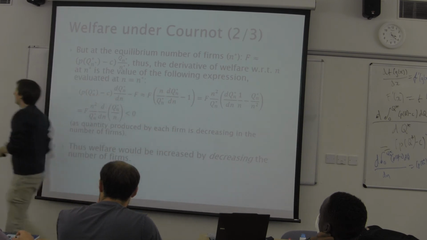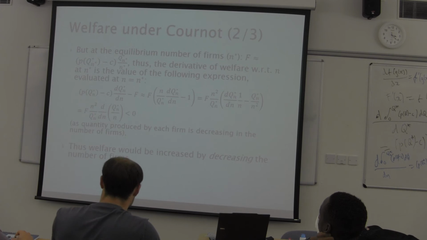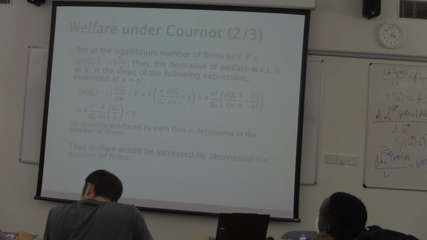So f times n over q is equal to p of q minus c.